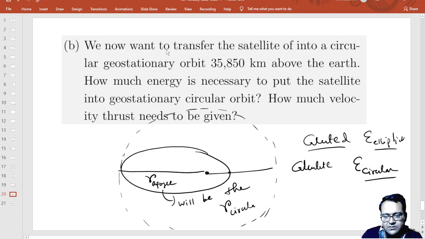Now that's right. We now want to transfer the satellite into a circular geostationary orbit of this. So you calculate the energy of that circular orbit, what it would be, and what our elliptical orbit energy is right now. Then you just take this energy difference, and that will be how much energy is necessary.